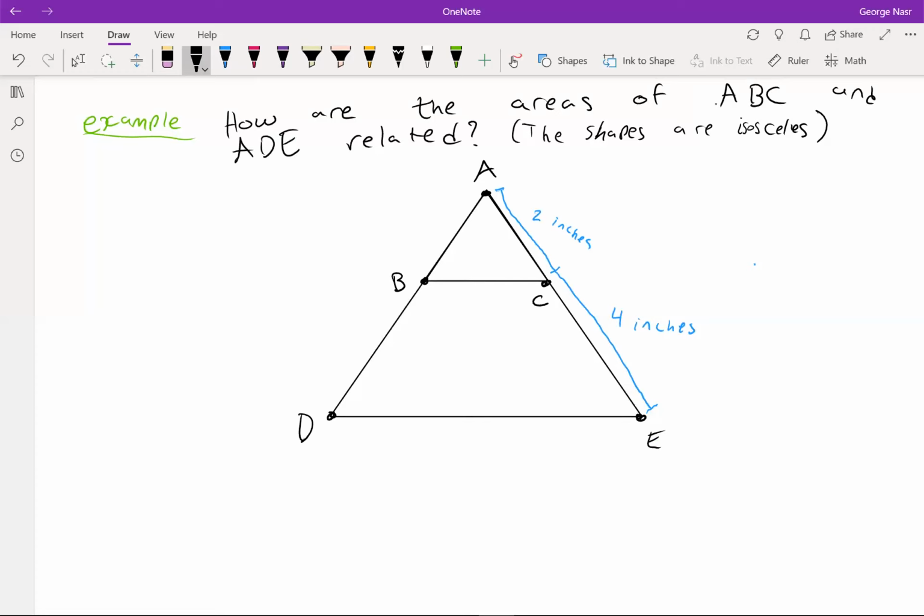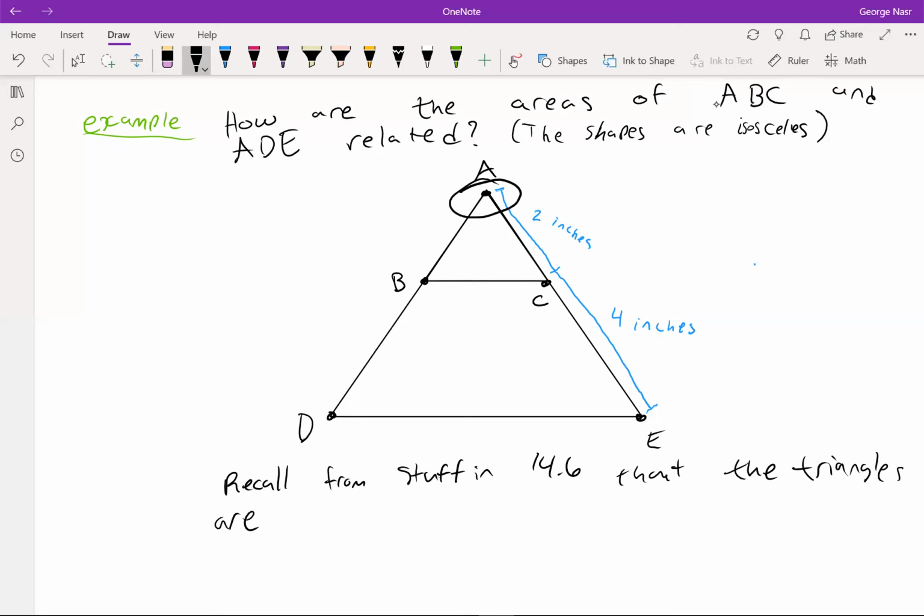Well, recall from stuff in 14.6, what do we already know about these triangles? Remember, they have an angle in common.